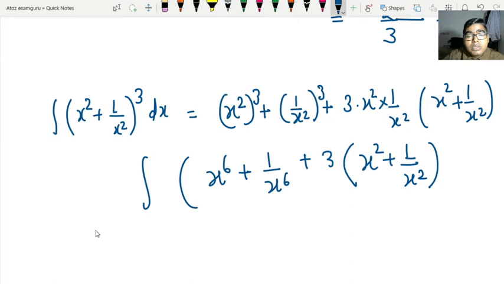now we have to integrate this, right friends? So take it individually.